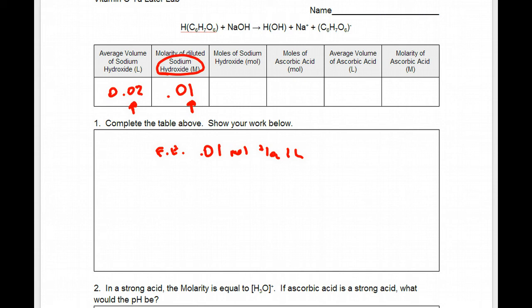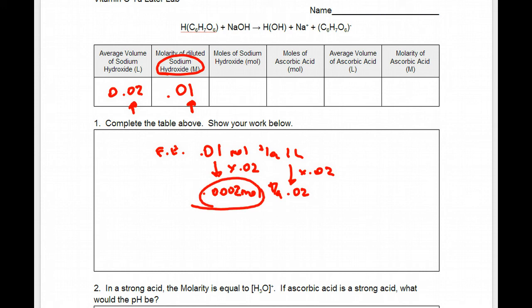We used 0.02. So 0.01 times 0.02, and what we should get for the total number of moles is 0.0002 as the number of moles there are. So that's how many moles we've got on average for that.